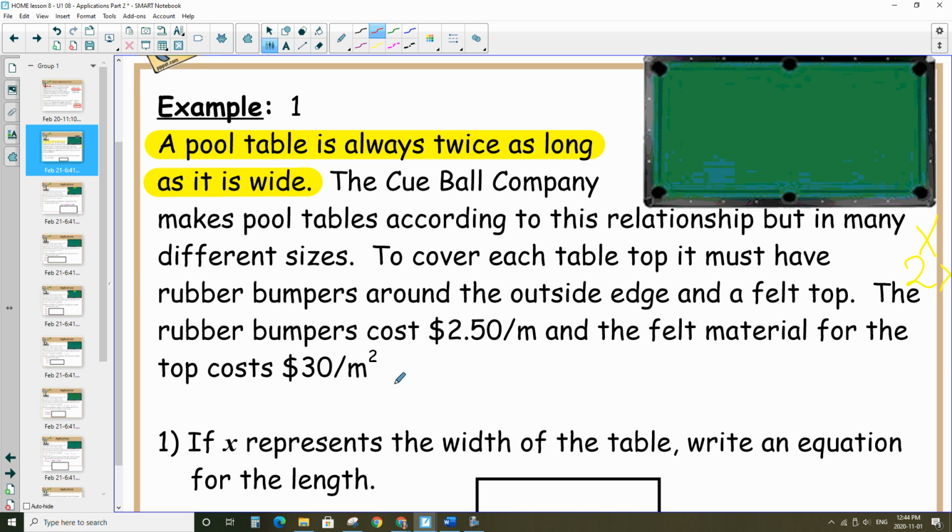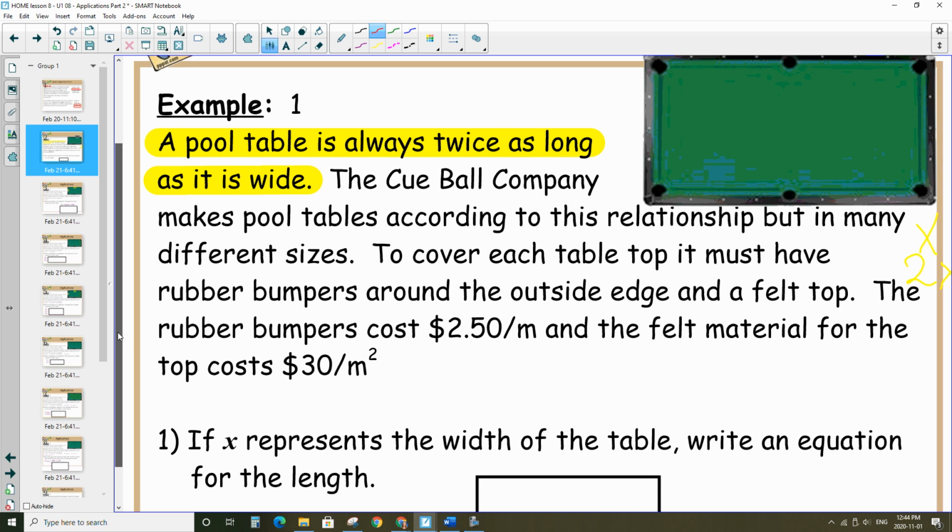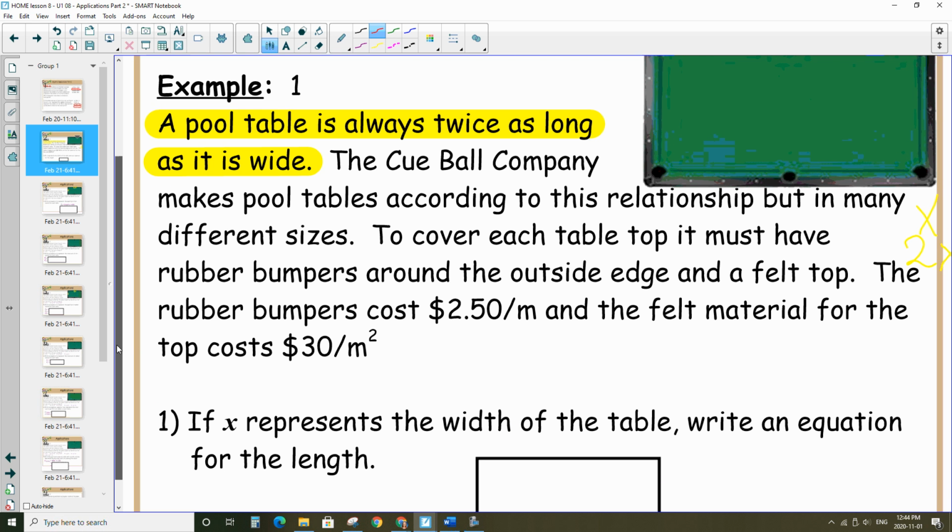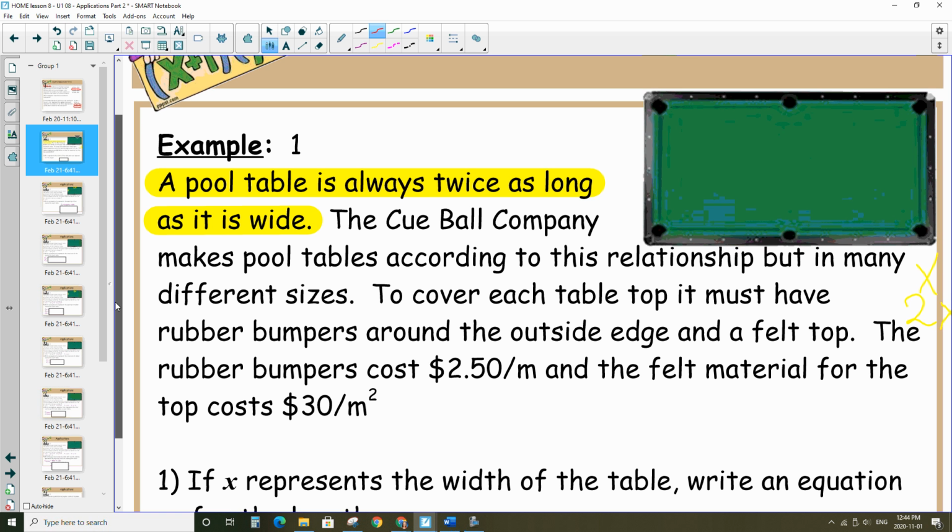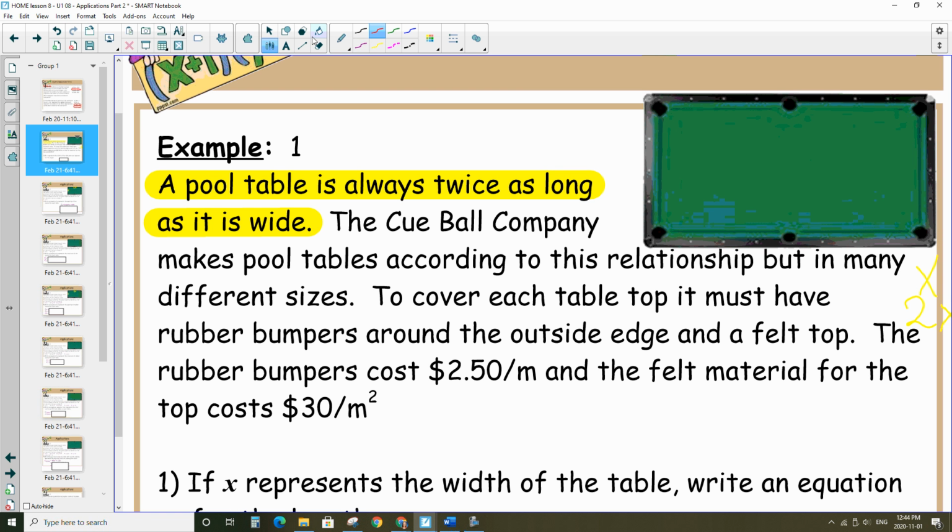So what we're going to use is we need some let statements. So we're going to say that X represents the width of the table. So let X represent the width. And then we want to write the equation for the length. So if we're going to say that the width is represented by X, then our length has to be 2x, because it says a pool table is always twice as long as it is wide.